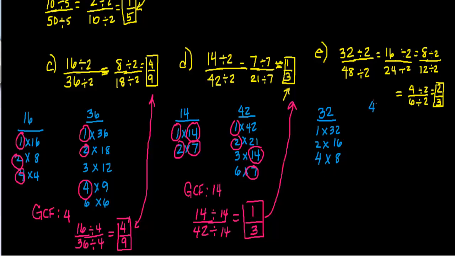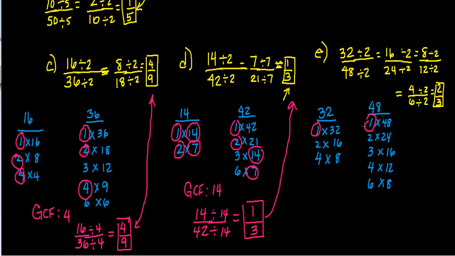Let's do 48. 48 is 1 times 48, 2 times 24, 3 times 16, 4 times 12, 5 times nothing, 6 times 8, 7 times nothing, 8 times 6. I've reached a repeated factor. That's where I stop. Let's circle the common factors.